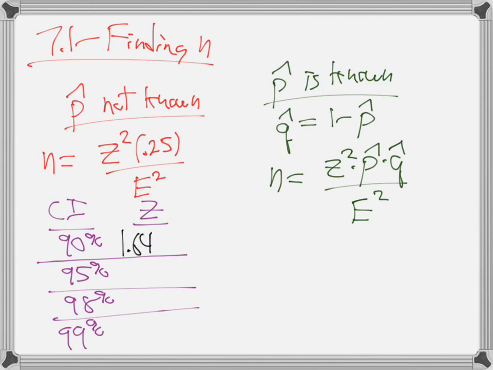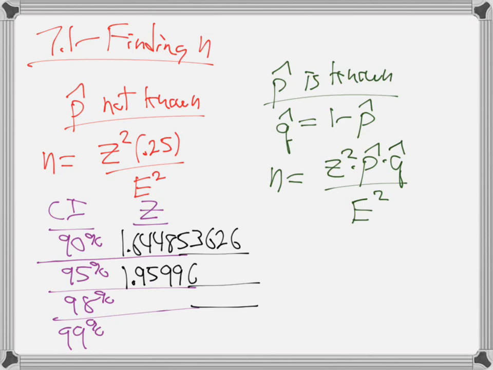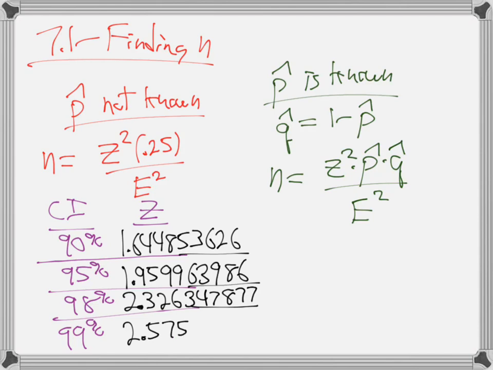They're long. 1.644853626, and then the next one, 1.959963986, then 2.326347877, and 2.575829303. Okay, so there they are. Same thing that's on the board. Let's go back over here and finish it up.